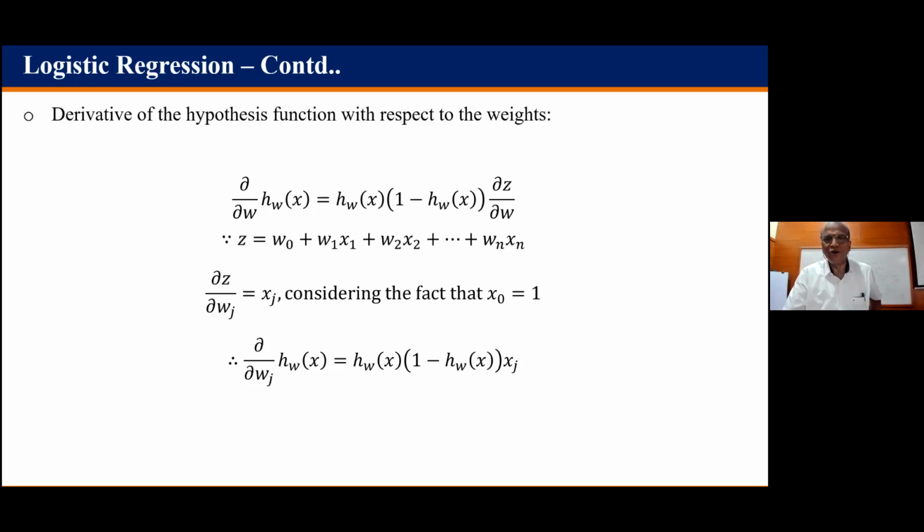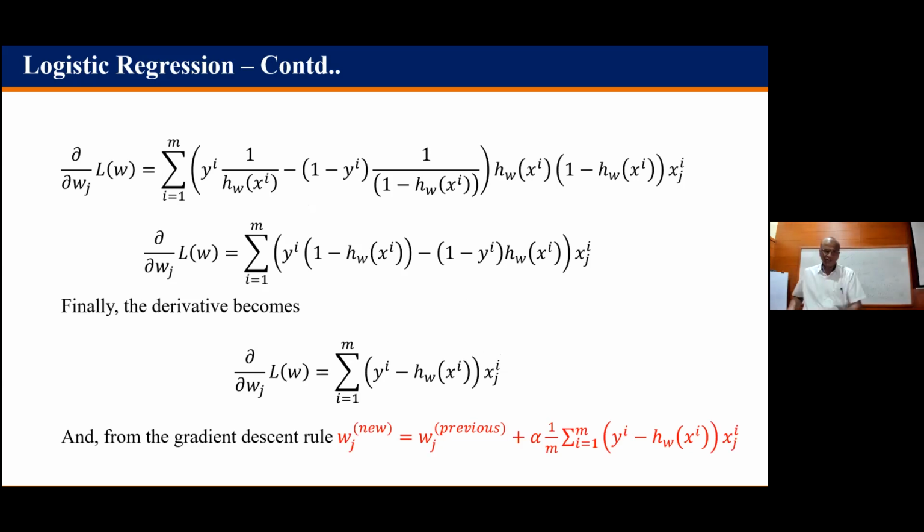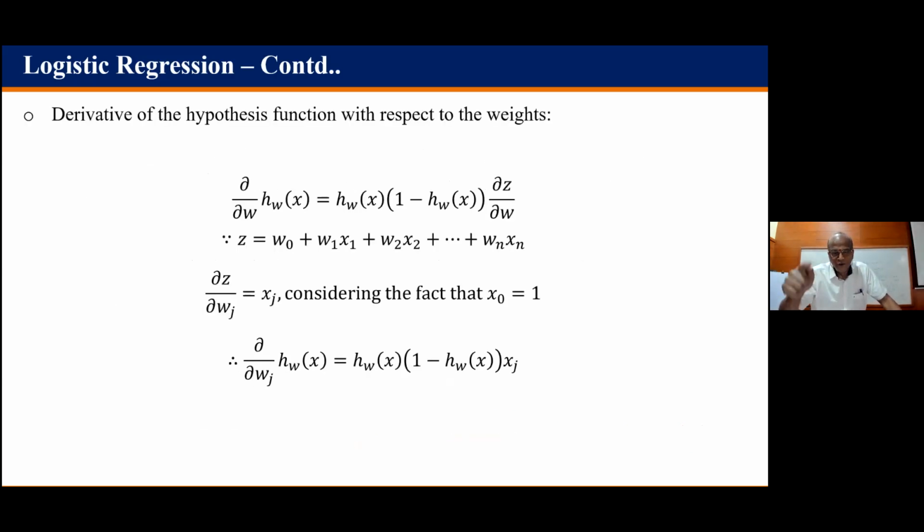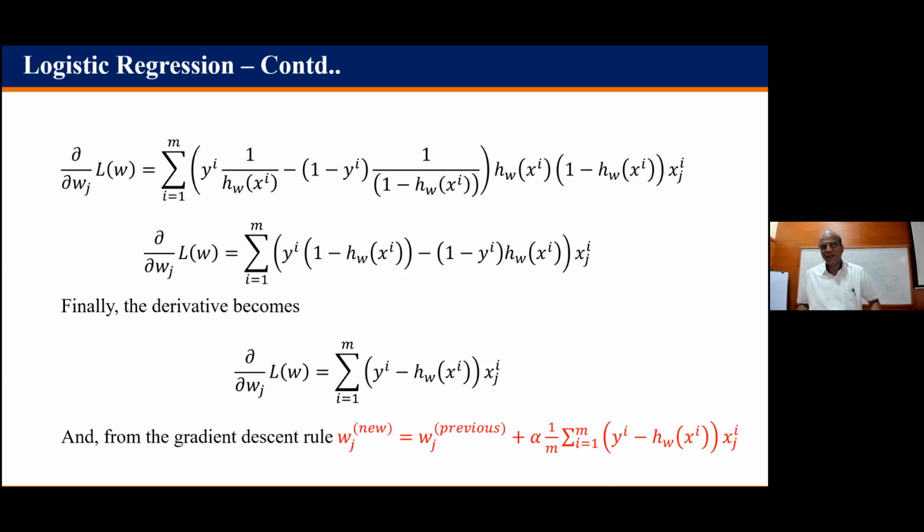Now if you substitute this, the partial of L with respect to the partial of Wj is the sum over all the samples of yi by hW of xi minus (1 minus yi) divided by (1 minus hW of xi). Already we have seen that. Then ∂h/∂z is given by h into (1 minus h). Is that clear? So that's what I've substituted there. The last two terms are coming from our previous derivation.